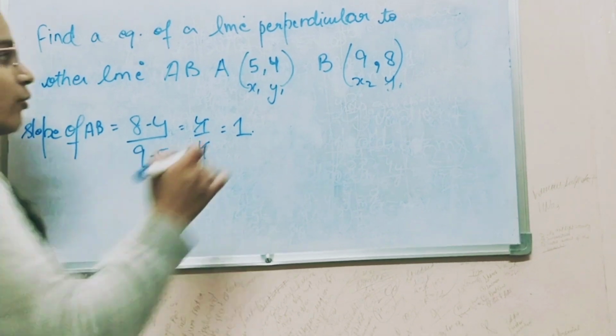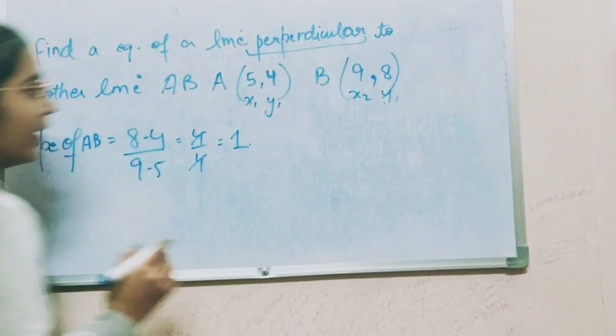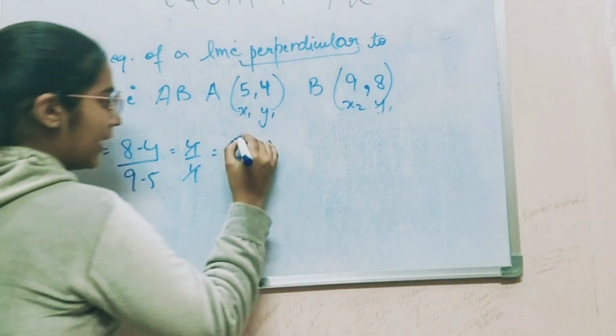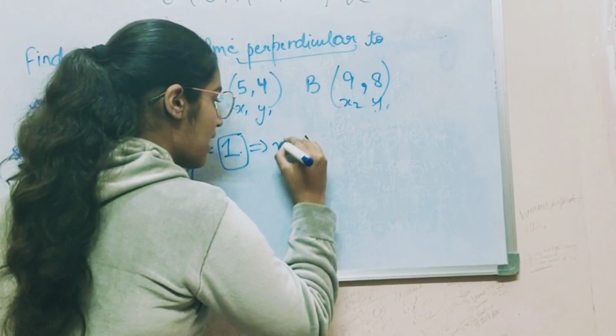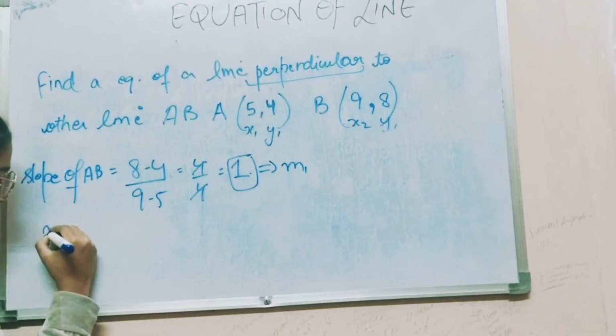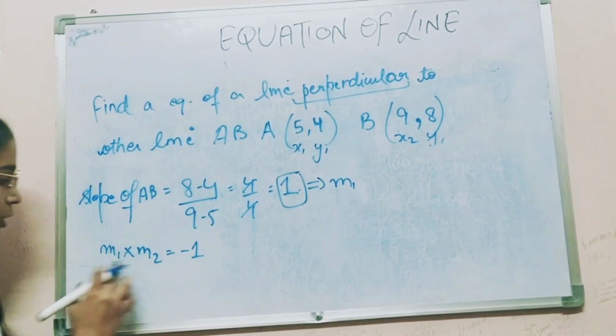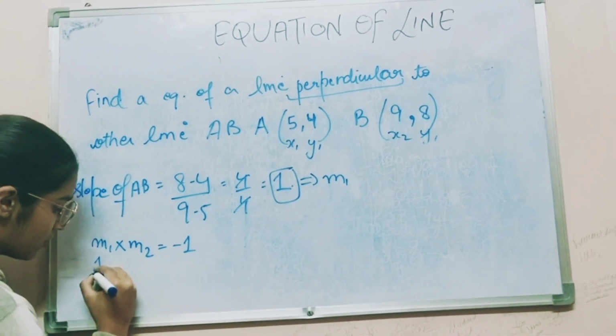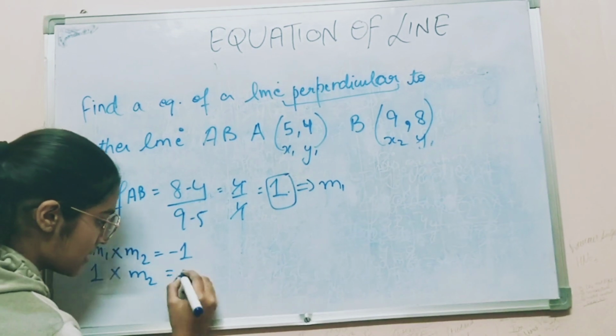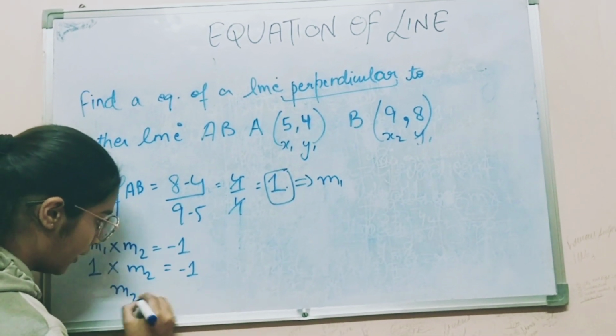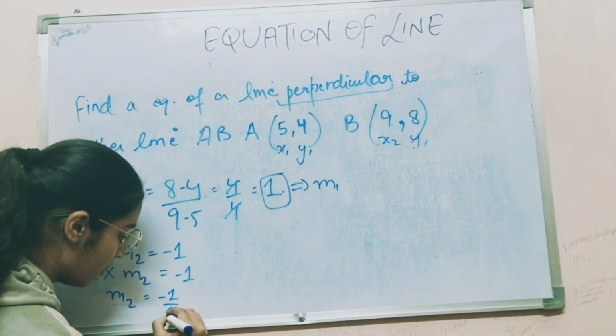But this time in the question we are having the word perpendicular. So if we take this one as m1, according to the formula, m1 into m2 equals minus 1. Although I have the value of m1, so m2 equals minus 1 upon 1.